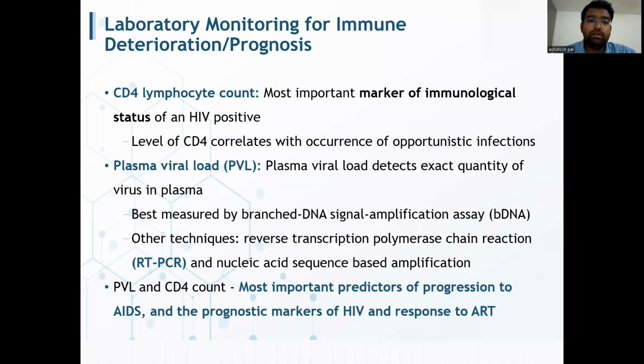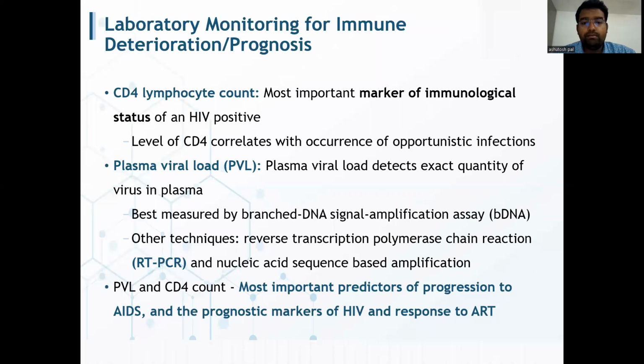The CD4 lymphocyte count is the most important marker of immunologic status in an HIV positive patient. The level of CD4 correlates with the occurrence of opportunistic infections. The plasma viral load detects the exact quantity of virus in plasma.